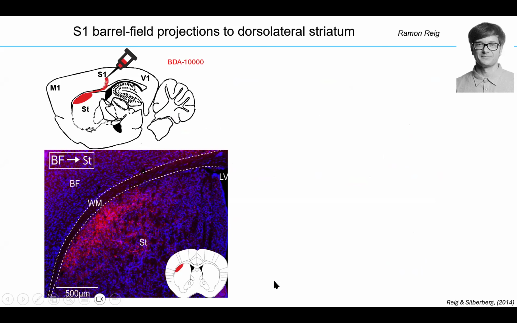In parallel to these slice experiments, we were also interested in the sensory properties of the striatum, and for that, a postdoc in the lab, Ramon Reg, embarked on a very ambitious project, and that was the first time that anyone did these experiments, which were to try to record intracellularly using whole cell in vivo recordings from the deep striatal neurons.